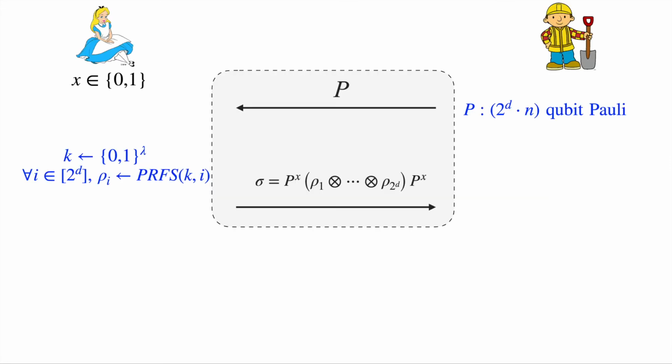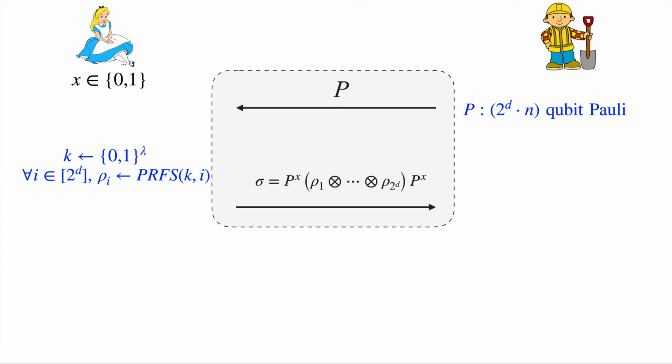So let me first recall the construction AQI had. We don't need to really understand the construction since we are going to improve it to have classical communication later on, but it's good to understand the template. In this construction, Bob sends a random 2^d times n qubit Pauli p to Alice.